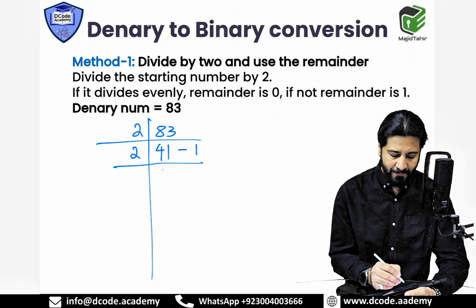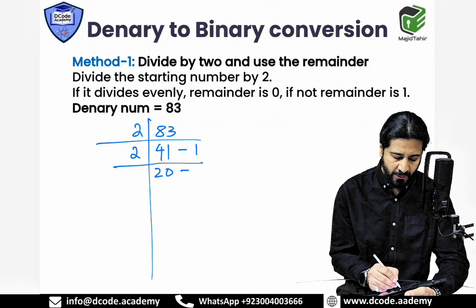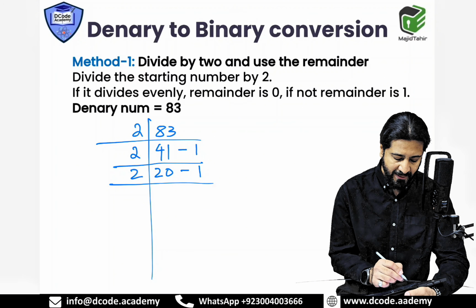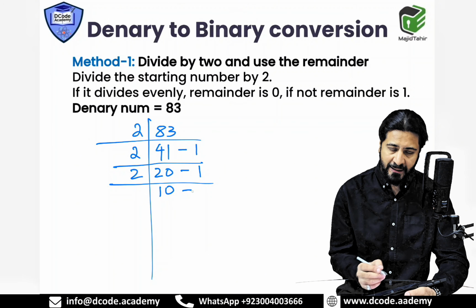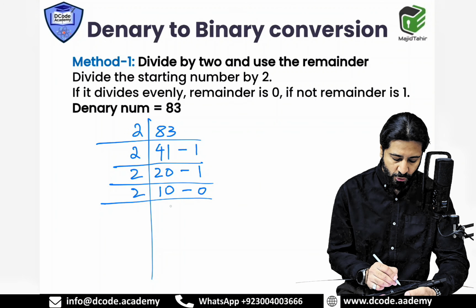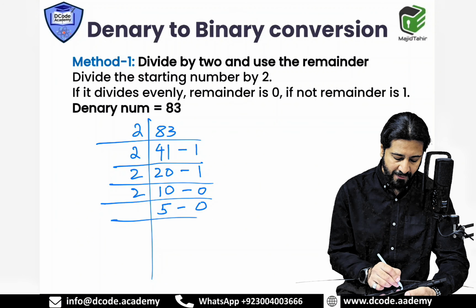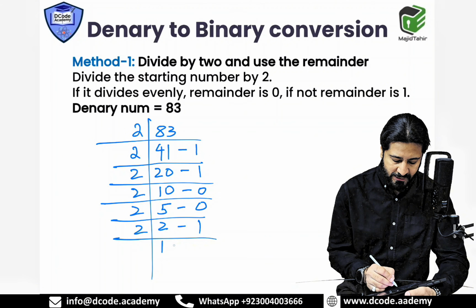Again we divide. 2 20s are 40. So this we have 41, so 1 goes in the remainder. Again we can divide. 2 10s are 20. There is no remainder. It is completely divided. So we have a 0 in remainder. 2 5s are 10. Again completely divided. No remainder. So we will have 0. 2 2s are 4. Then 1 goes in the remainder. 2 1s are 2.